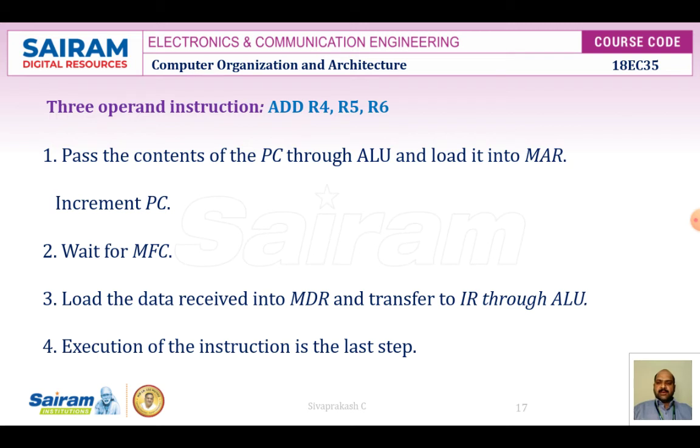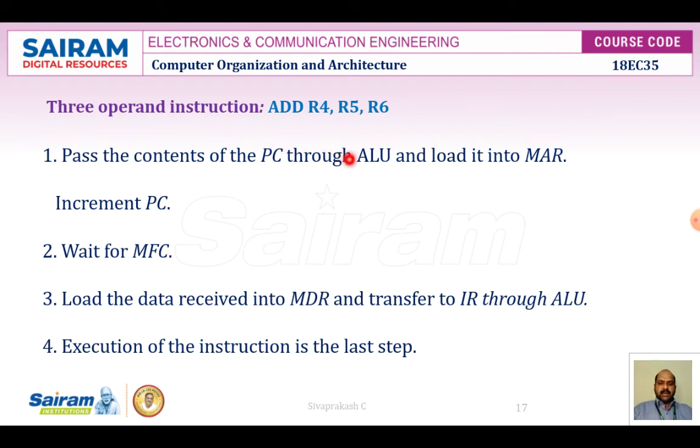Let us recap how it works. As we have seen, for the Add R4, R5, R6 instruction, a 3 operand instruction, the content of the program counter is passed through the ALU and loaded into the memory address register. During that time, the program counter is incremented, and this new data does not affect the fetching cycle.